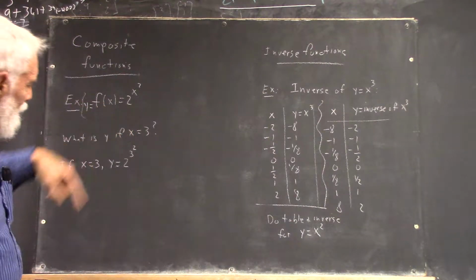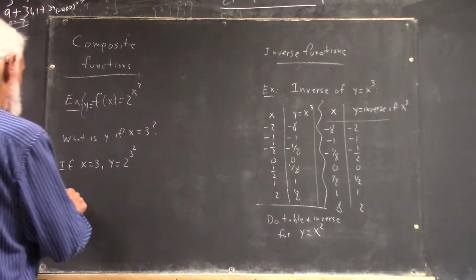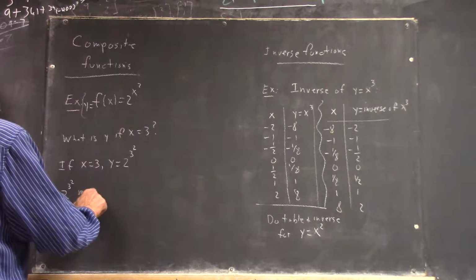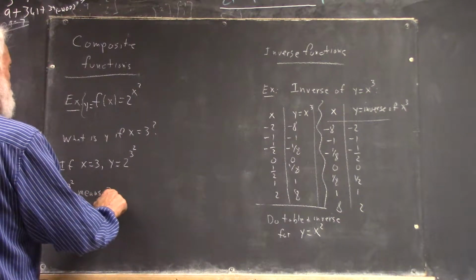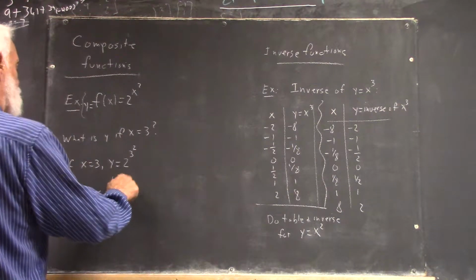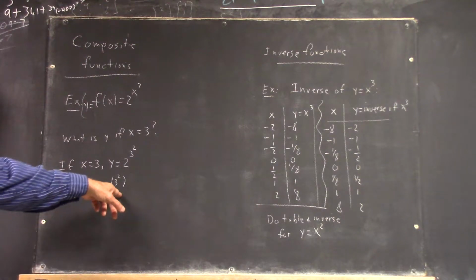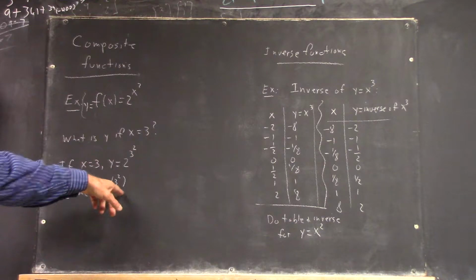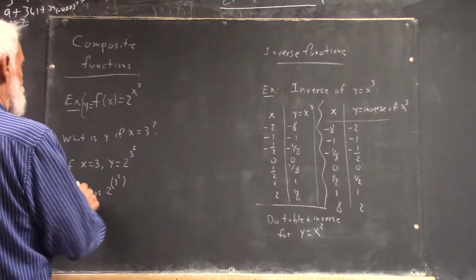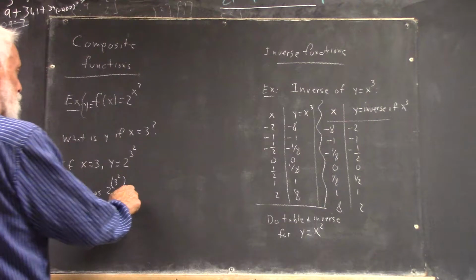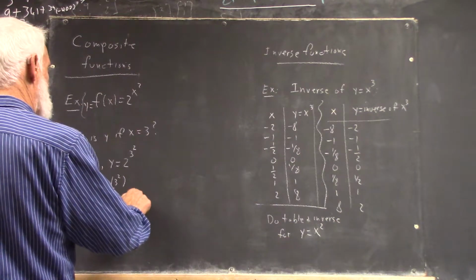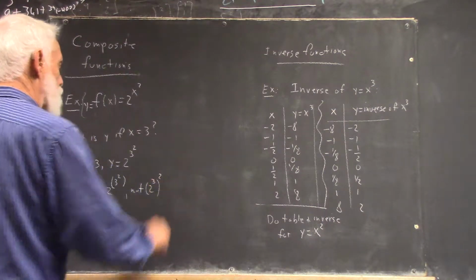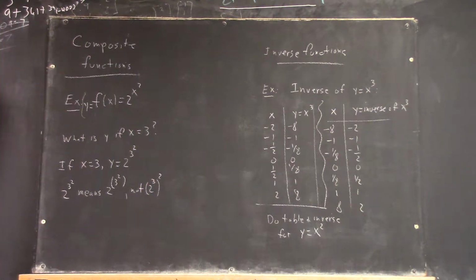Okay, but for 2 to the 3 squared, there's an implicit parentheses on your exponent, okay? So you're going to evaluate this exponent before you raise it to the second power. Doesn't mean this, okay?